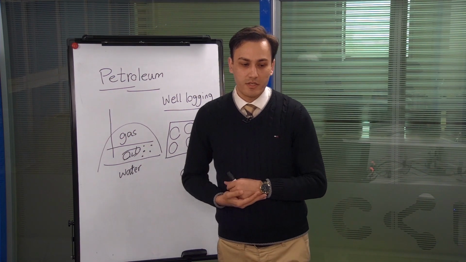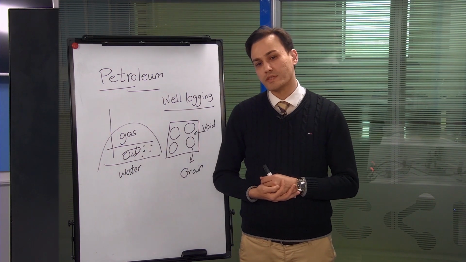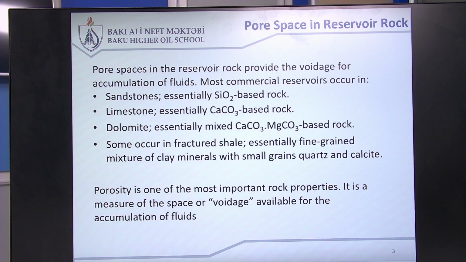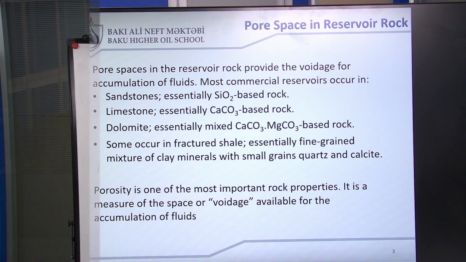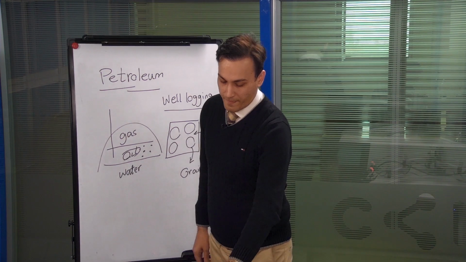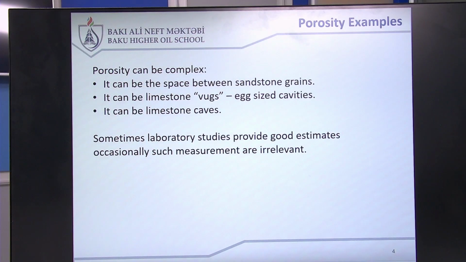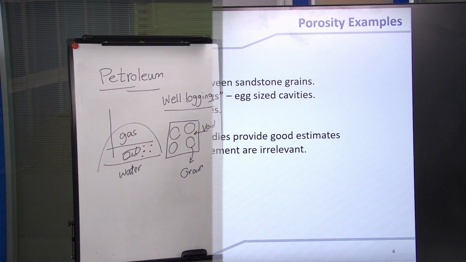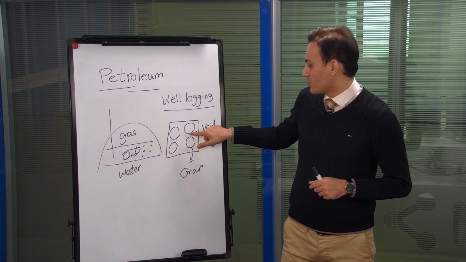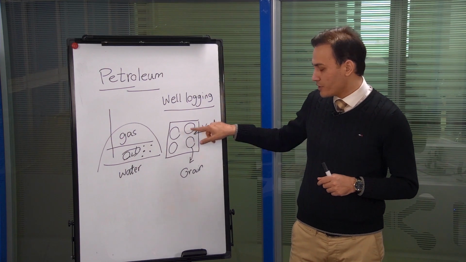So again, the porosity, if you want to put it in a sentence, is equivalent to the voidage, or the ability of the rock to hold the fluid. This porosity can be any space between these grains, which is shown here.